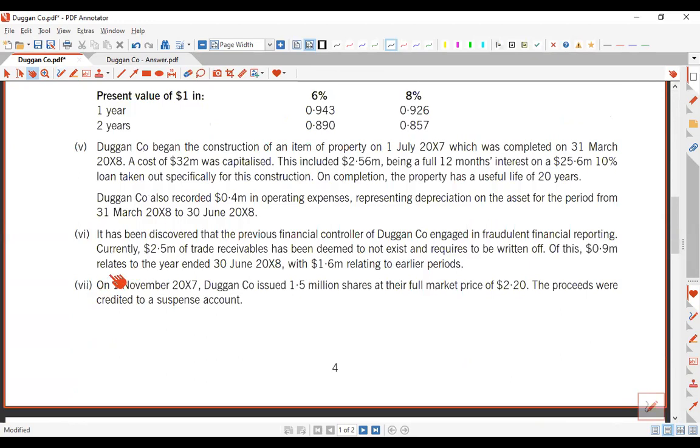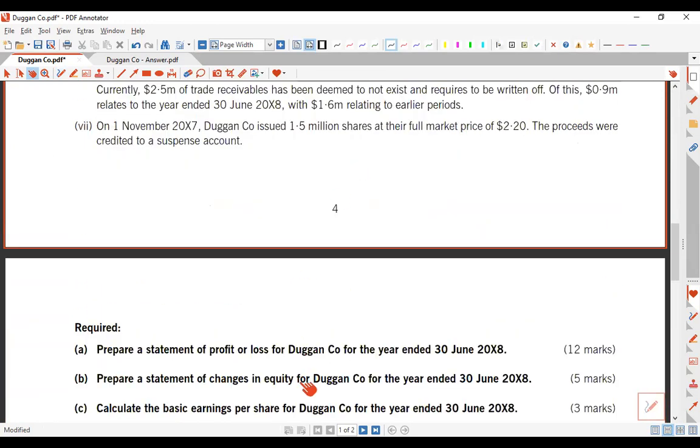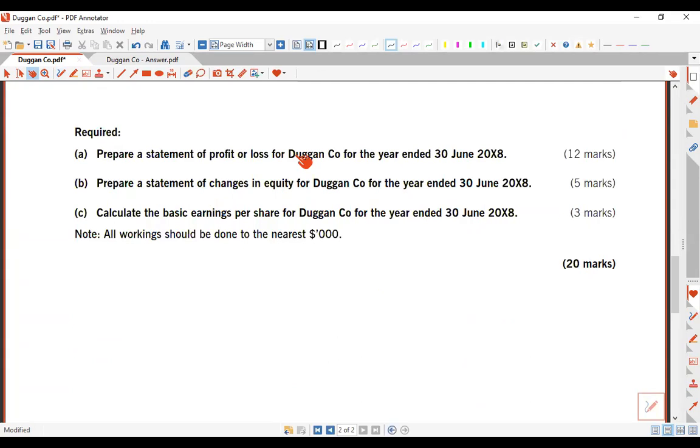These notes are from different standards, and I guess there can be a general adjustment as well. Then there are 3 requirements of this question, A, B, and C. Note, all working should be done to the nearest 1000, and total marks for this question are 20.